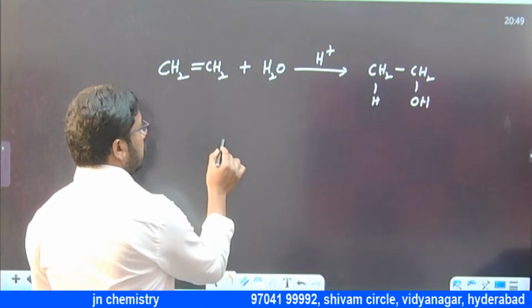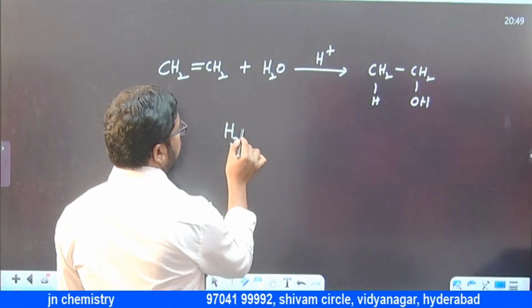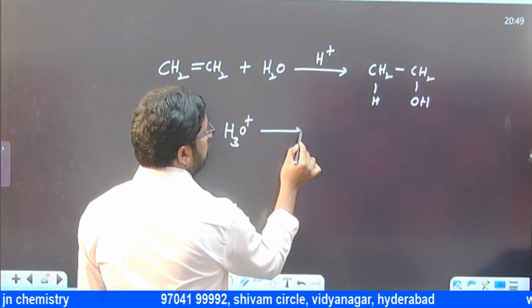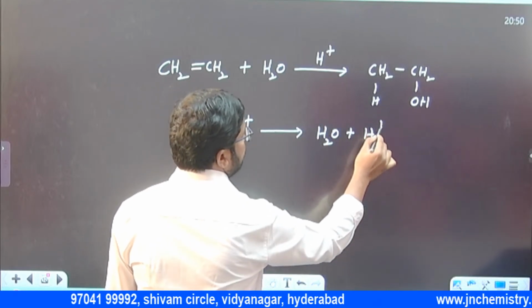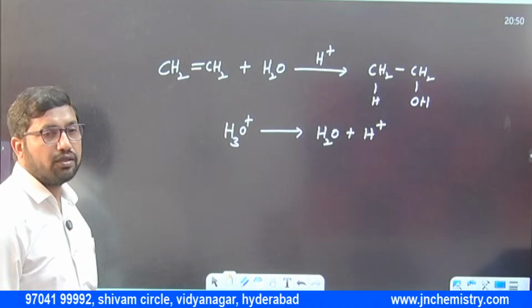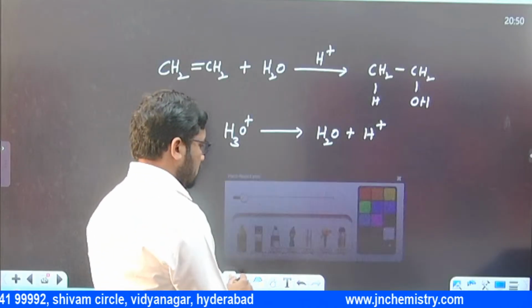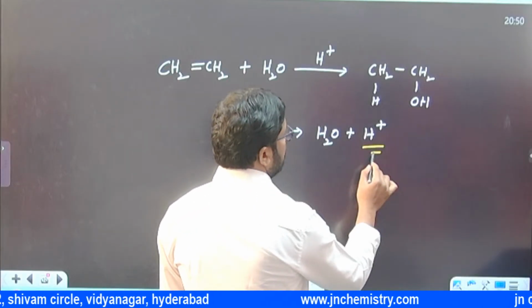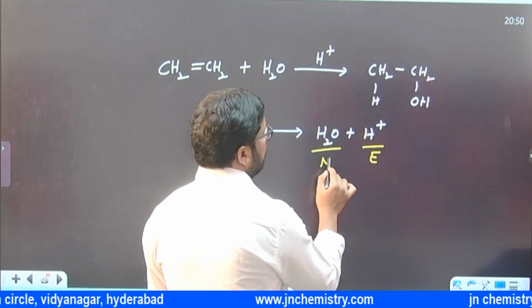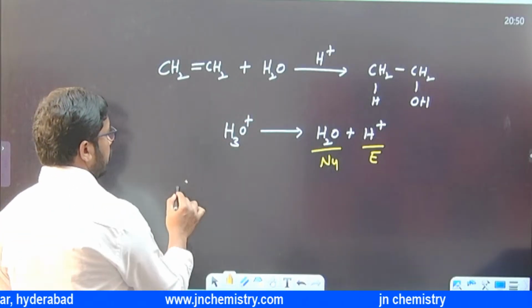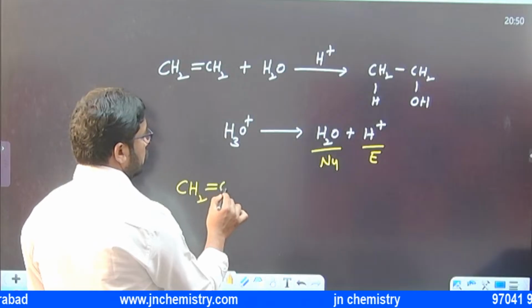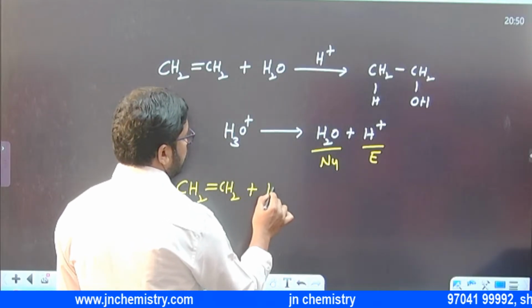In this case, generally we will take H3O plus. H3O plus undergoes H2O plus H plus. So now what is the electrophile? This is electrophile, this acts as a nucleophile, right? Simply first alkene, CH2 double bond CH2, first H plus is coming and attacking.